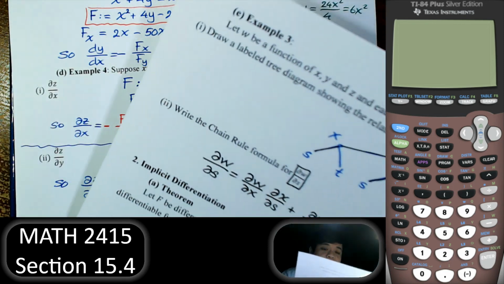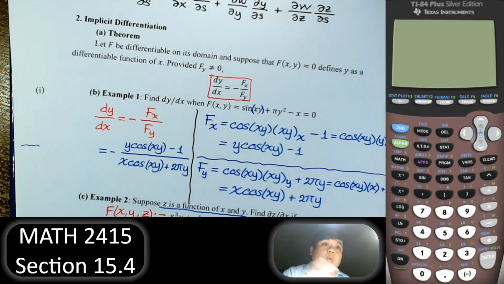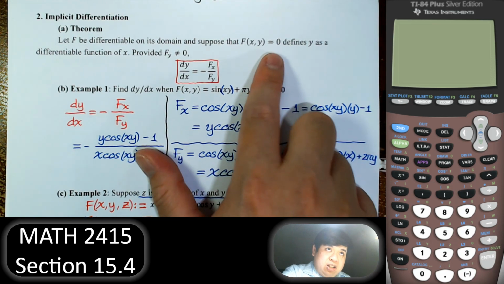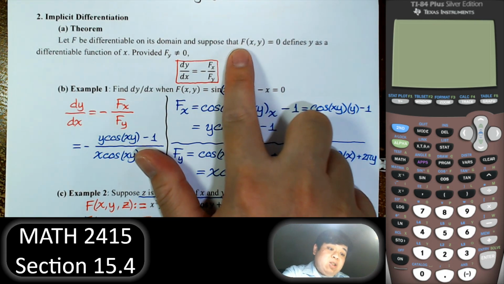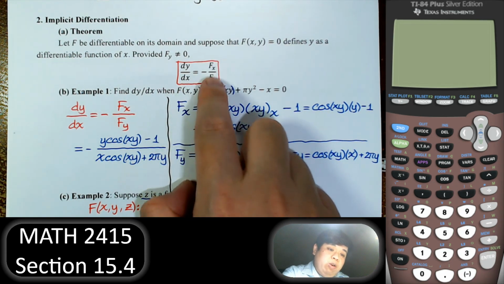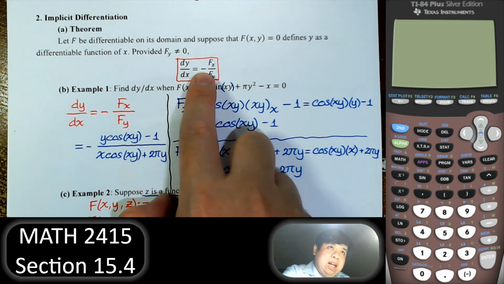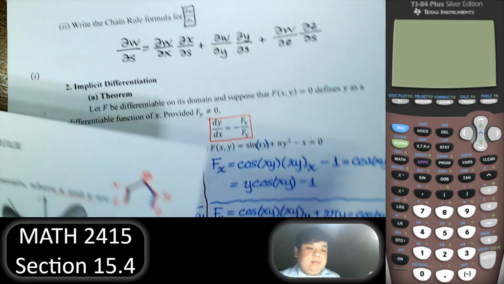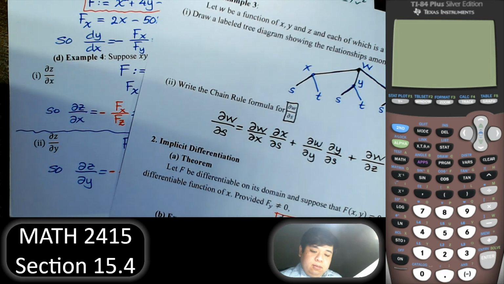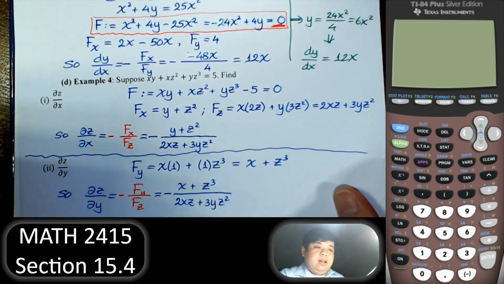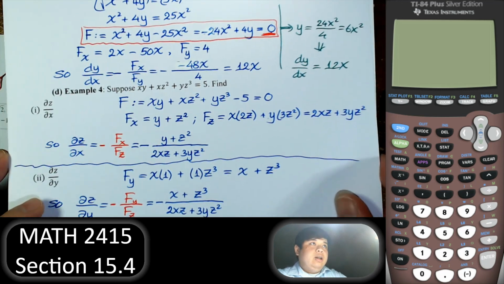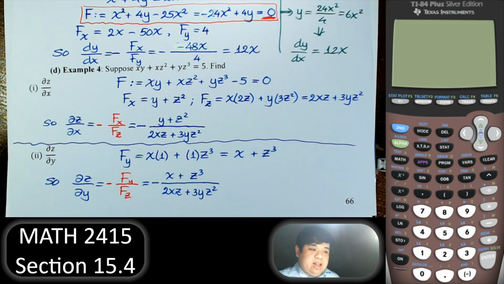And then implicit differentiation, just move everything to one side. One side is 0, the other side is f of xy, and then find the partial derivative and use the formula. Notice there's a minus and the variable switch. So that's all I want to cover for this section.